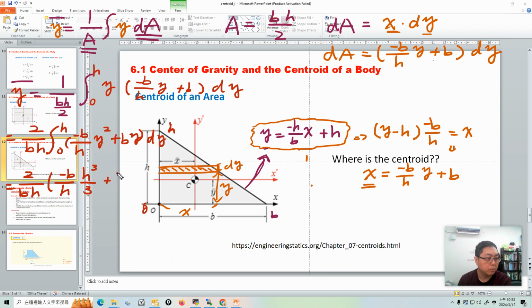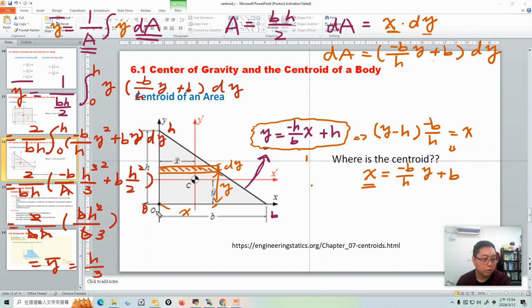Plus b h squared. So what's the answer? 2, so it will become 3, 6 bh squared, right? So cancel. So y bar is h over 3.